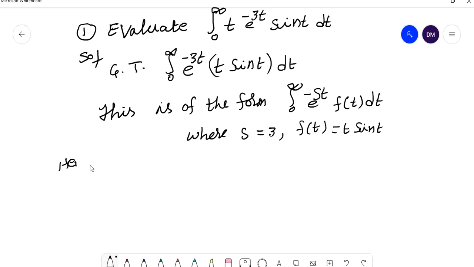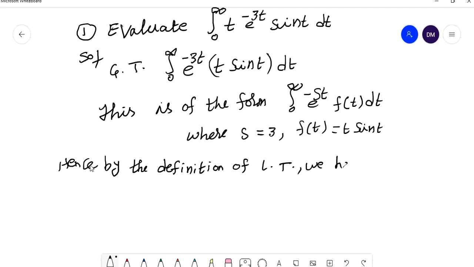Hence, by the definition of Laplace transform, we have integral 0 to infinity e power minus st f of t dt is equal to L of f of t.